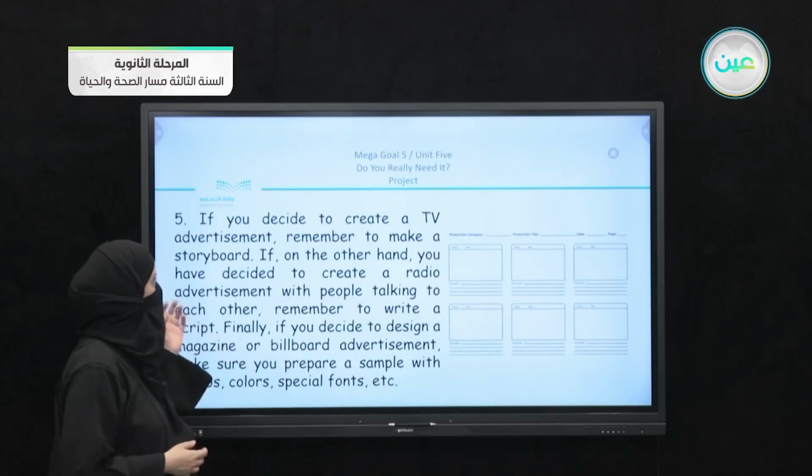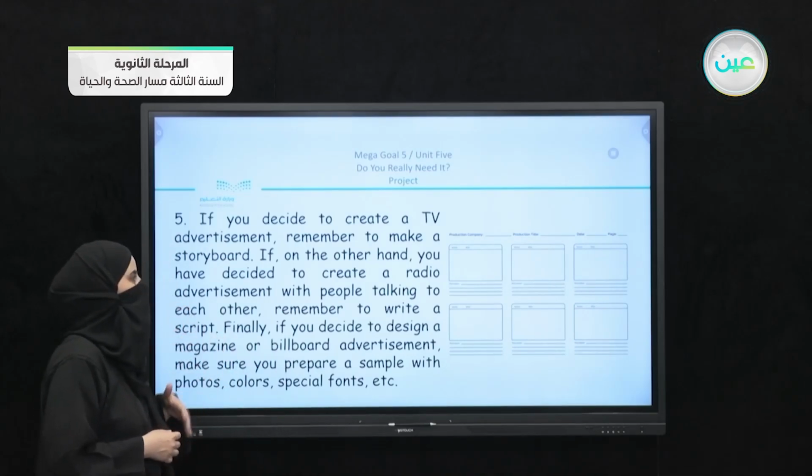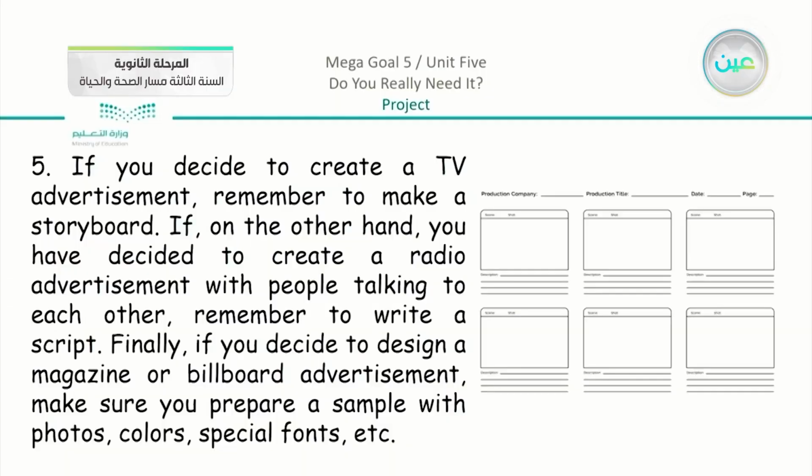If, on the other hand, you have decided to create a radio advertisement with people talking to each other, remember to write a script. Finally, if you decide to design a magazine or a billboard advertisement, make sure you prepare a sample with photos, colors, special fonts, etc.